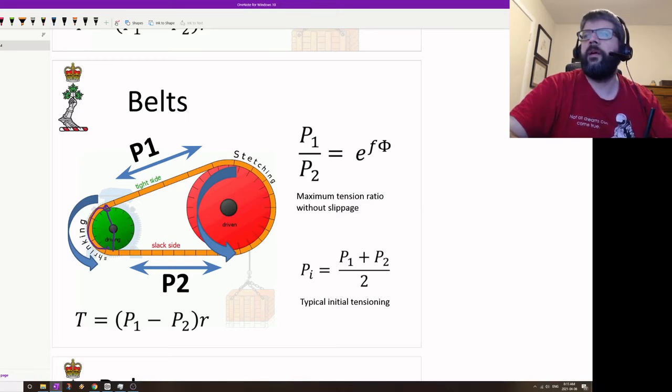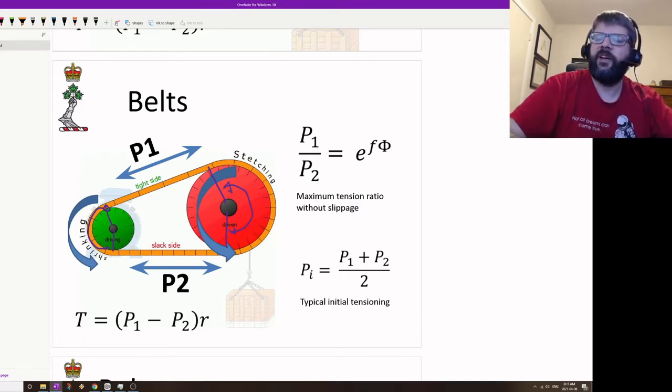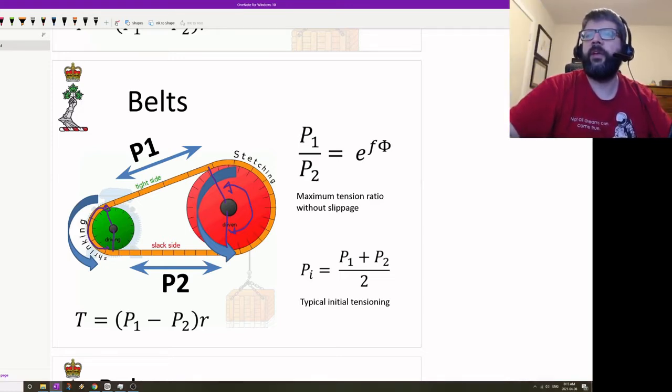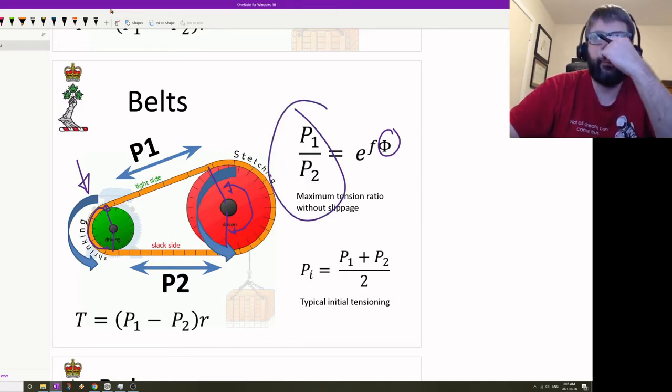And for the driven element, we're talking a larger area, or a larger arc. So typically speaking, the driving element is going to be the limiting factor here, because that's going to have the smaller phi. So that's going to result in a smaller tension ratio.